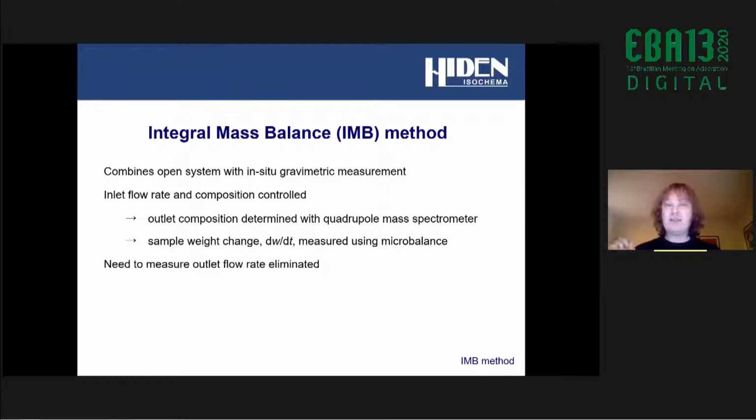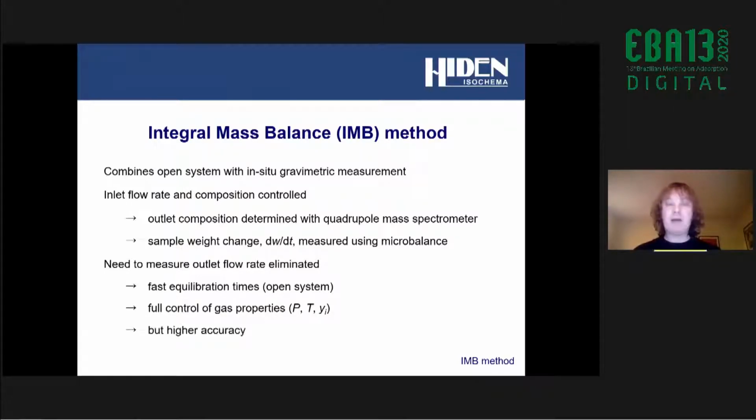This allows us to eliminate the need to measure the total outlet flow rate. We can have fast equilibration times using this technique because we've got an open system. We can control all of the gas properties, the total pressure, the temperature, and the gas phase composition, but we also have higher accuracy. In addition, we can measure multi-point isotherms automatically using this setup.